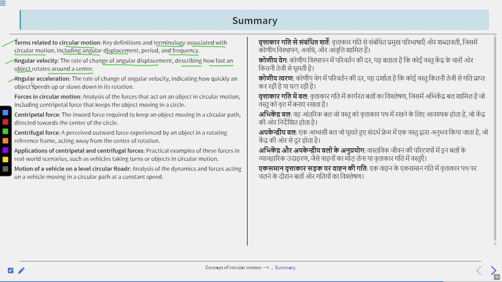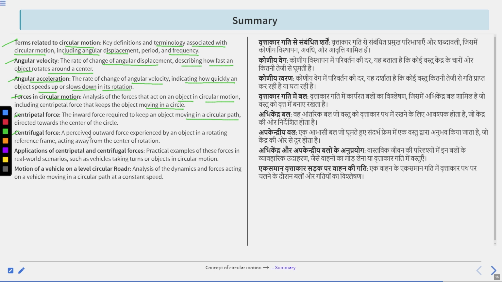Third is angular acceleration, the rate of change of angular velocity, indicating how quickly an object speeds up or slows down in its rotation. And next, force in circular motion, analysis of the forces that act on an object in circular motion, including centripetal force, the inward force required to keep an object moving in a circular path.